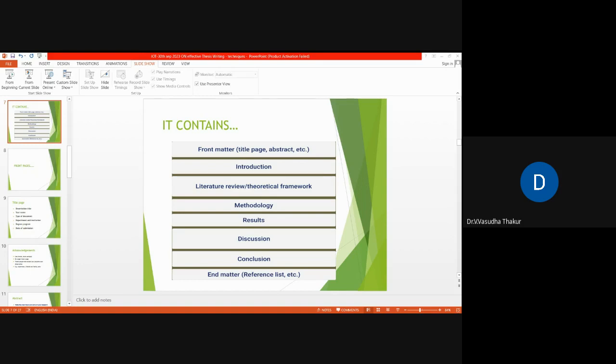So immediately after the introduction, you will be compiling the literature review, followed by methodology. Methodology is the various tools and techniques to process the data, to organize data, to present the data, to analyze and interpret the data, whatever techniques you have adopted, tools and techniques, all that in detail.